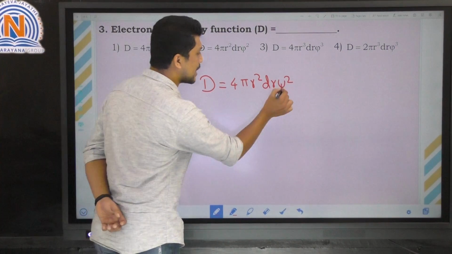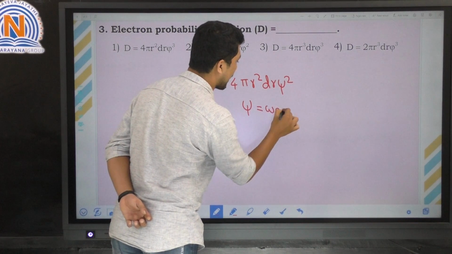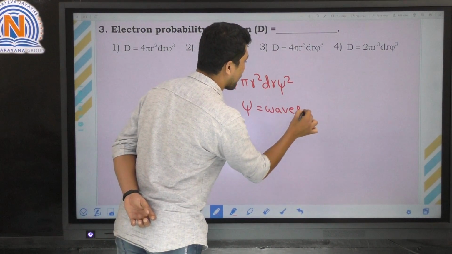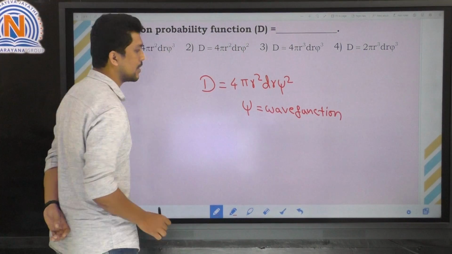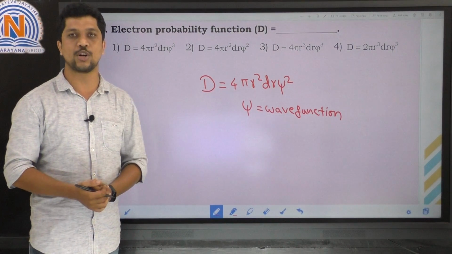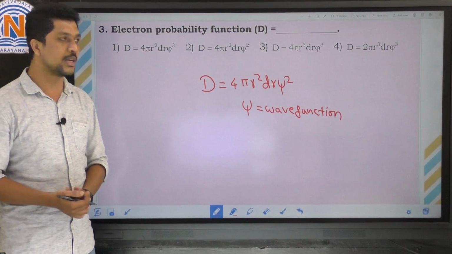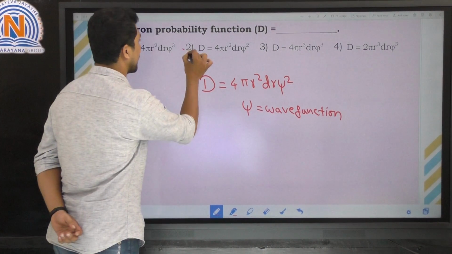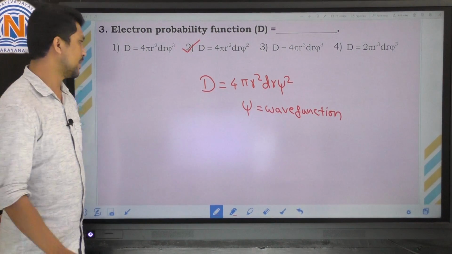Here psi is the wave function. So this is the electron probability function, D equal to 4 pi r square dr psi square. So the correct option is the second option. Clear? Let's move on to the next question.